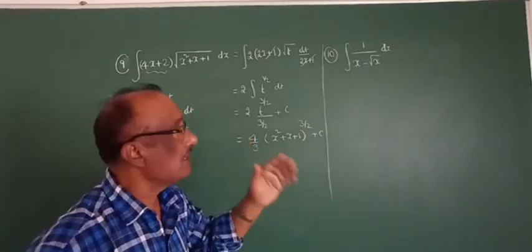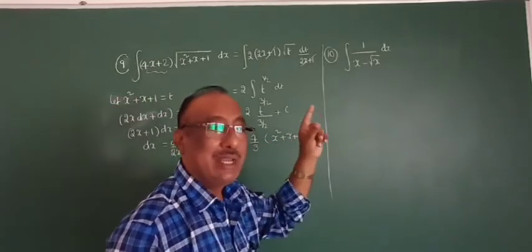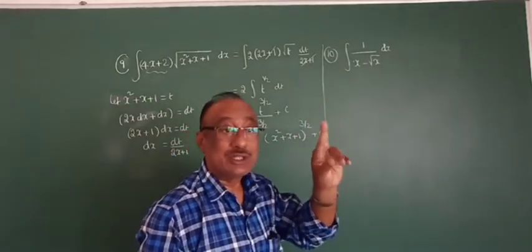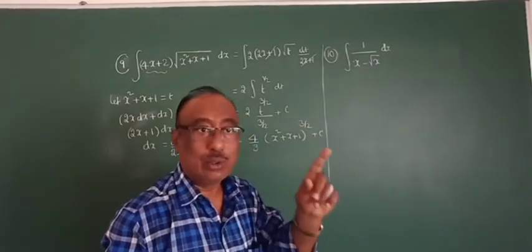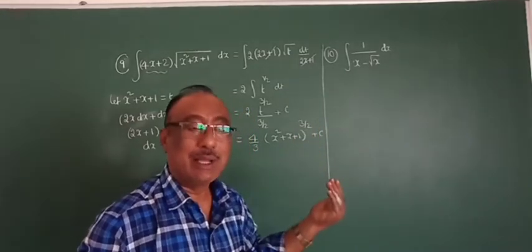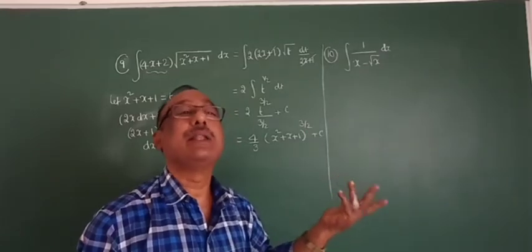First I will observe that every term is a multiplication of two root terms. x is root x into root x. Take one root x common. Simple.